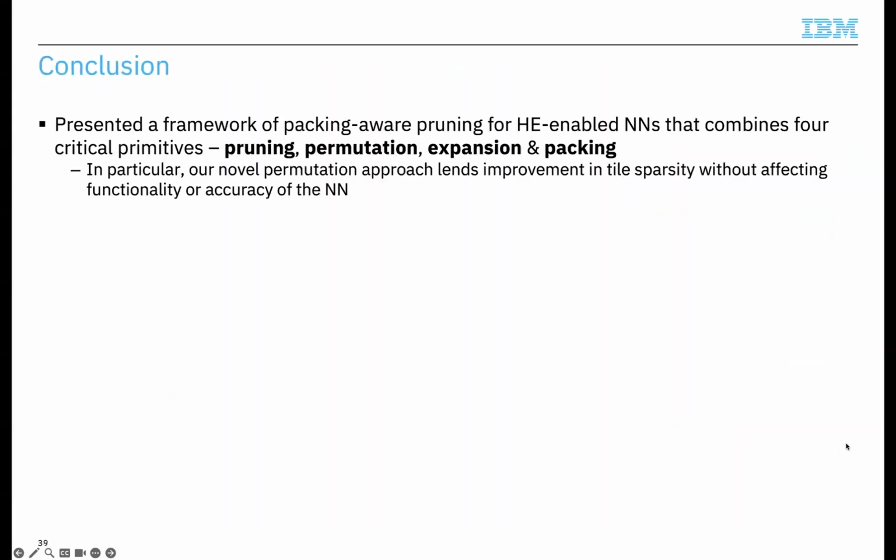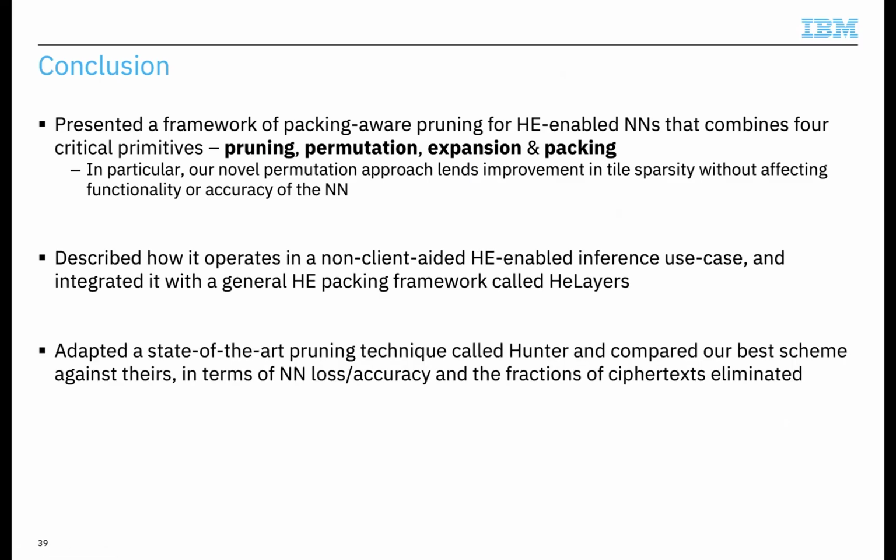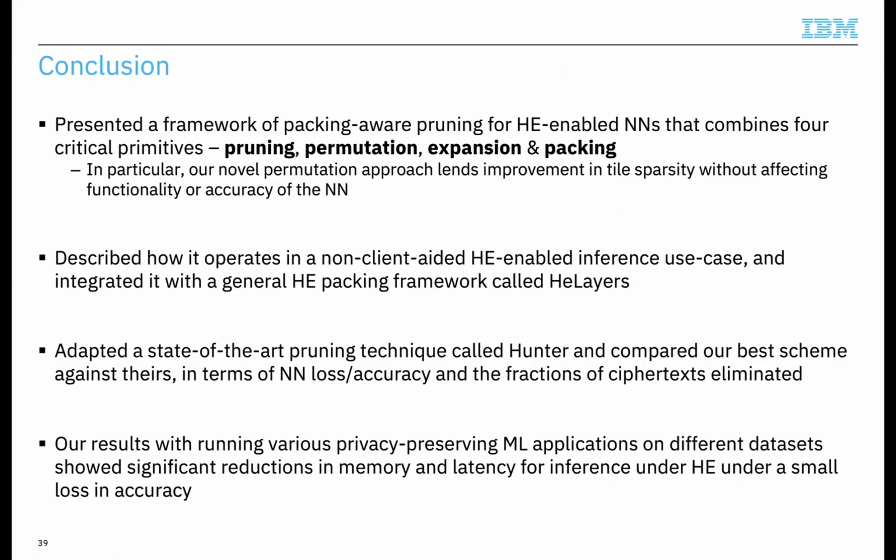So I think that's it. Yeah. So we kind of went over this work really fast, but we exploited a bunch of basic ideas, pruning, permutation, tile expansion, and packing to show benefits for neural networks under FHE. We evaluated it with HElayers, and the P2T scheme that we compared against is based on a prior work called Hunter, so we showed some benefits there and compared the neural network loss accuracy with the percentage of ciphertexts eliminated.